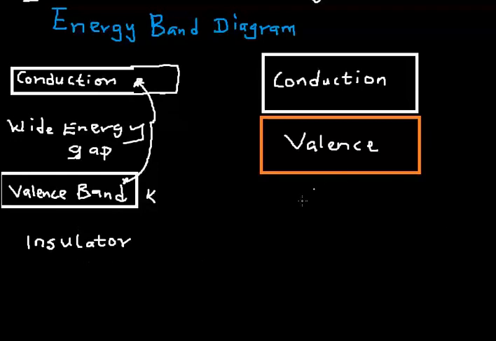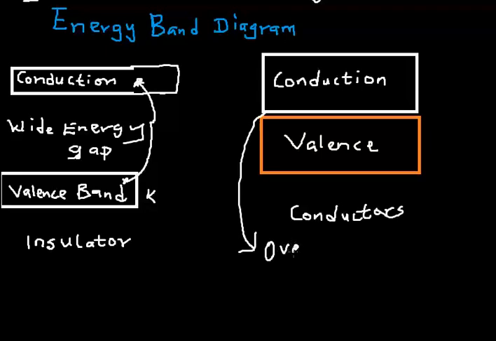Then this energy band is for the conductors. What do you notice in this energy band? The valence band and the conduction band overlap, which simply means that the gap is negligible.